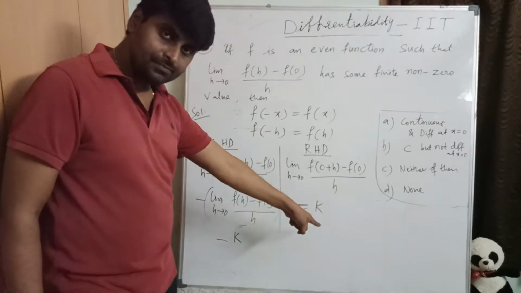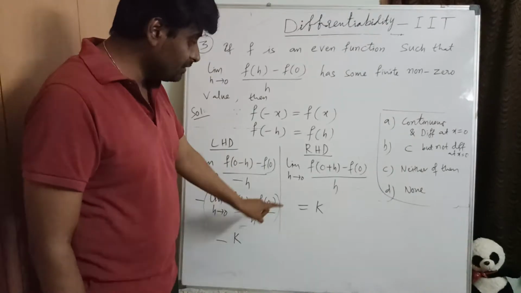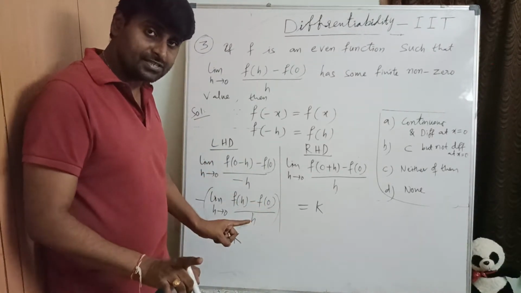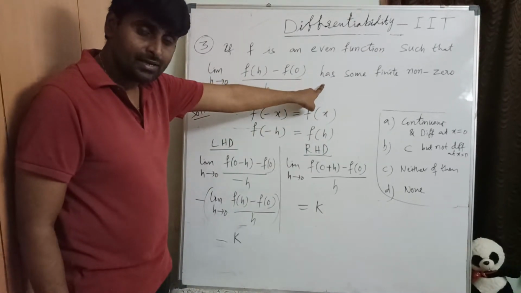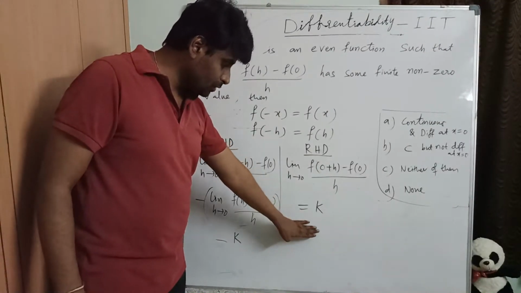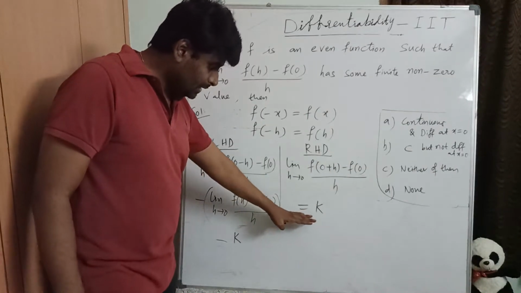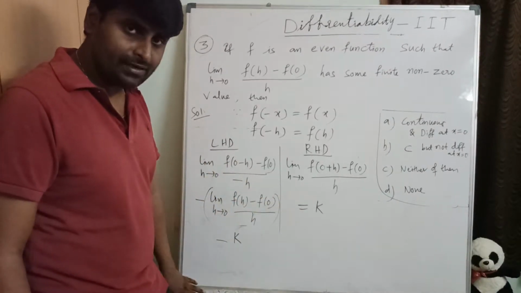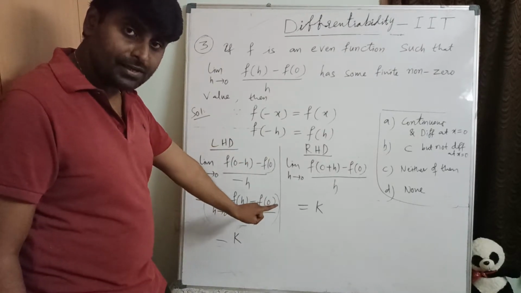Are both equal? No. So is this differentiable? No. But both have finite values, so it can be continuous, but it cannot be differentiable. That is an important point. Both are finite values, as given; until you know the value of k, we cannot declare it discontinuous. So it is continuous, but not differentiable.